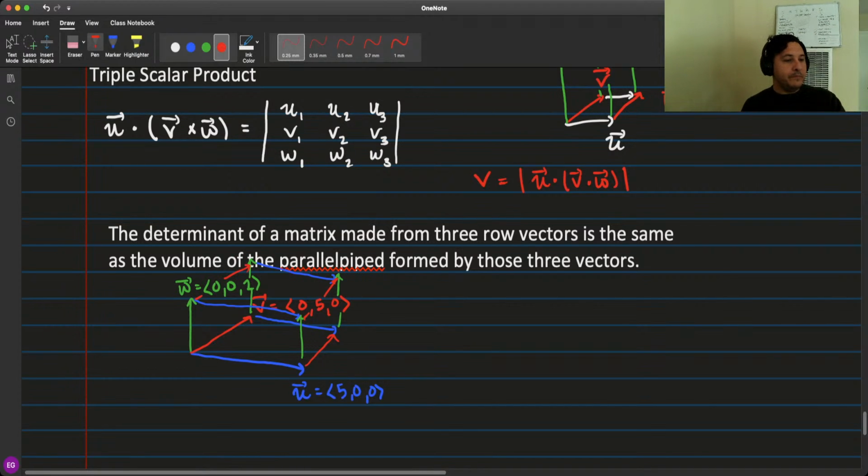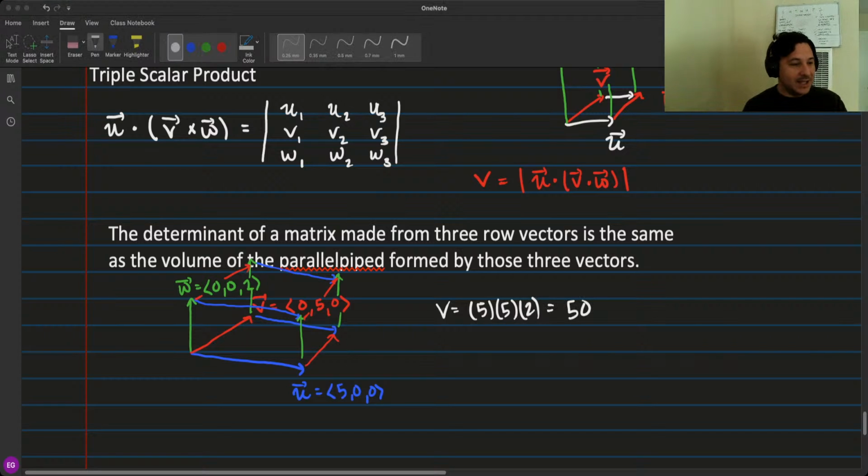Okay, so we know that the volume of this thing is equal to the base times the width times the height, which is going to be 50, right? Just looking at this, the way I've set it up, it has dimensions 5 by 5 by 2.